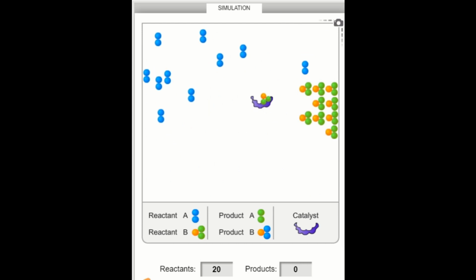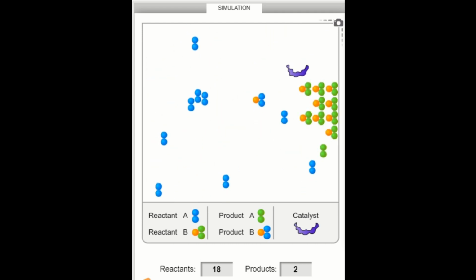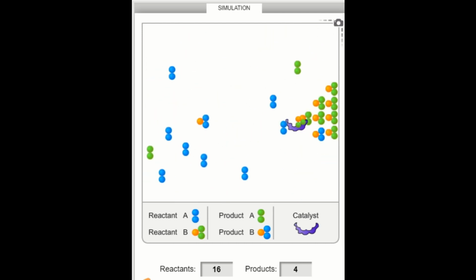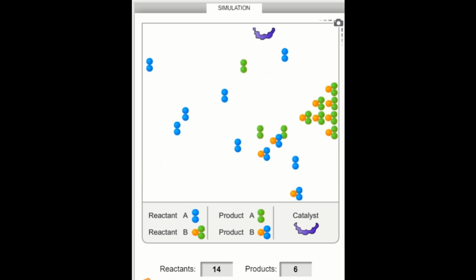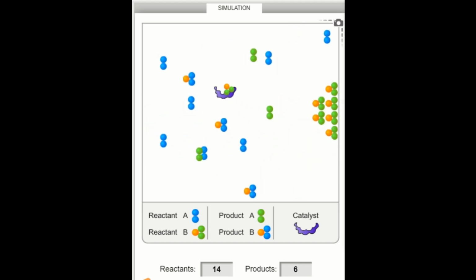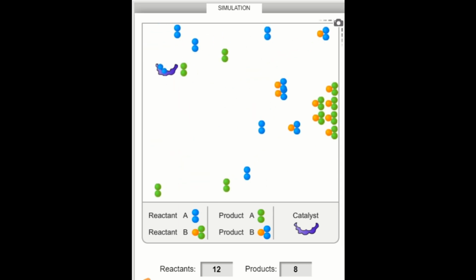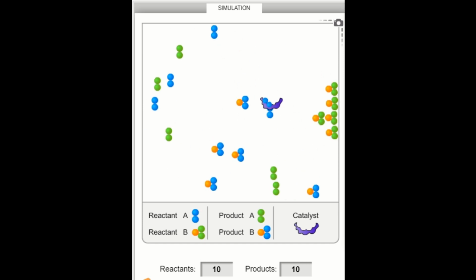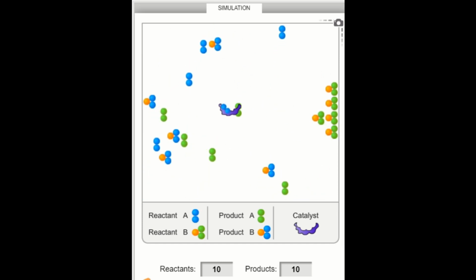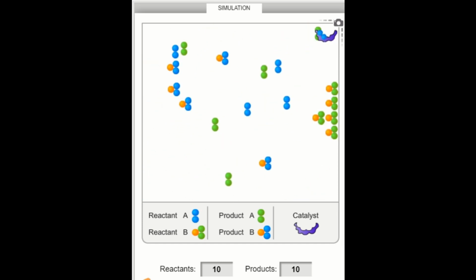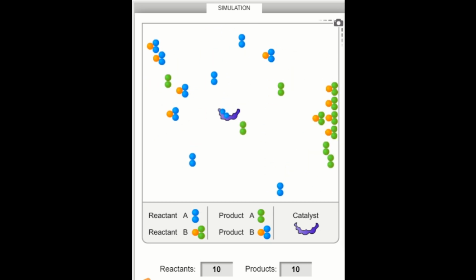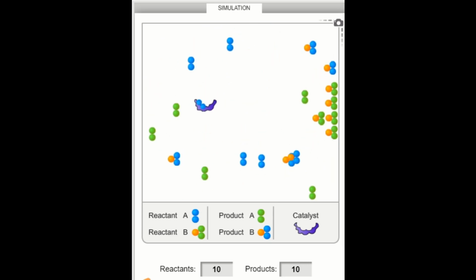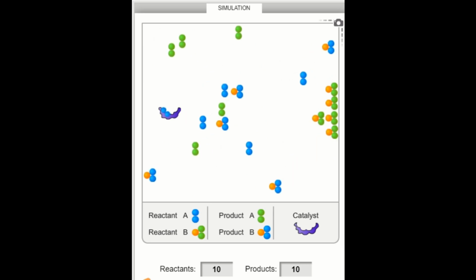So let's think about what's happening with the catalyst, what it's doing. Well, one, it's binding to specific reactants. So it's holding those reactants in a favorable orientation for reactions to occur. And then two, when it picks up that second reactant, now it's holding those two different reactants, the blue balls and the green and orange ball, in close proximity to each other so that they're ready to interact.